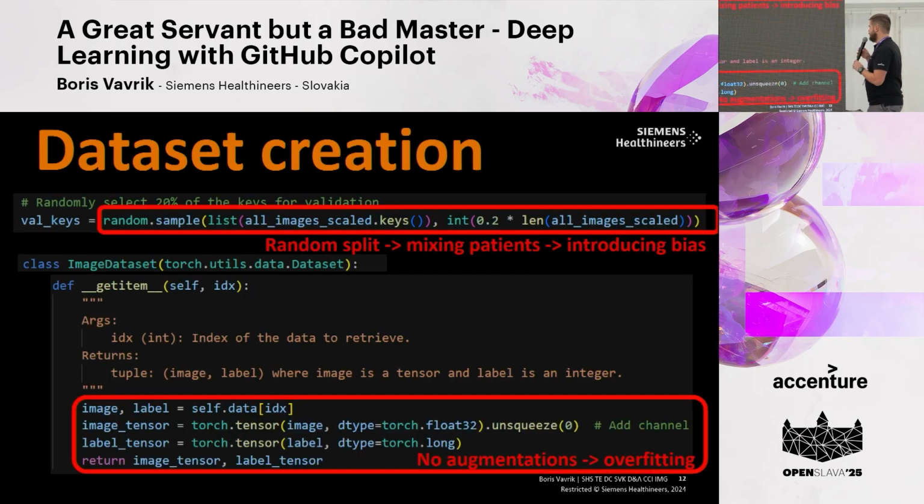Then, in the dataset creation, there was a random split of the samples, so you have patients in both the training and validation set, which is not a good habit at all. And also, no augmentation was applied, so you will probably overfit the training.